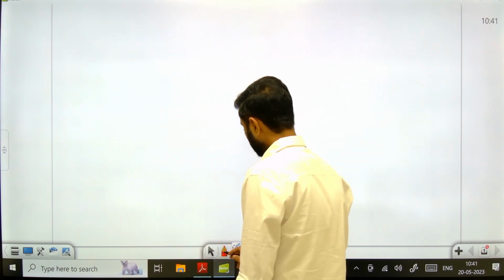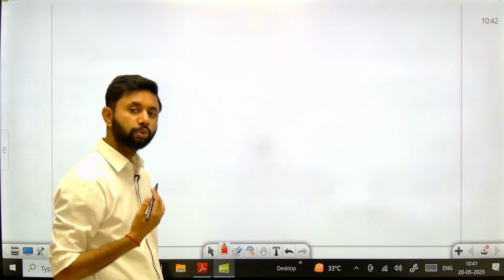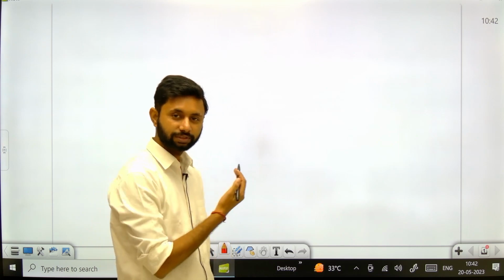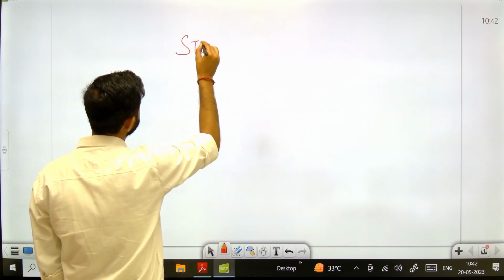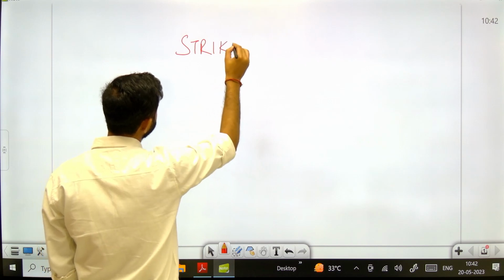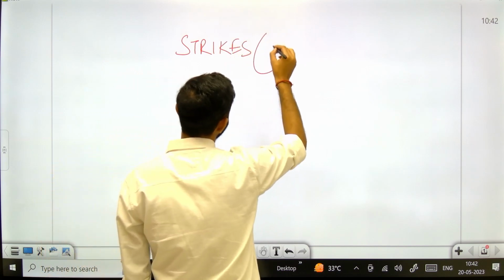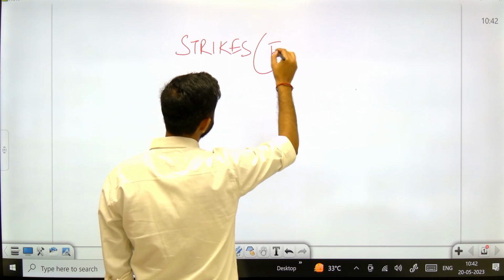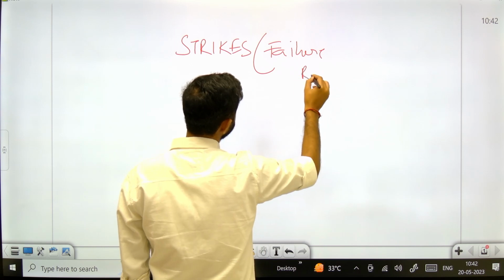You get this? Now let's understand through examples what the system approach can do. Suppose strikes are there. This explains the failure of regular functioning of the system.